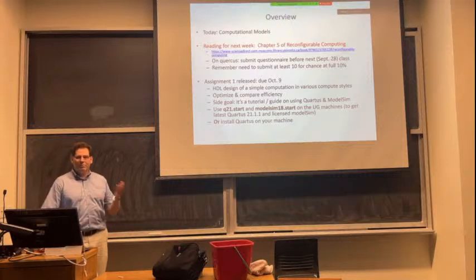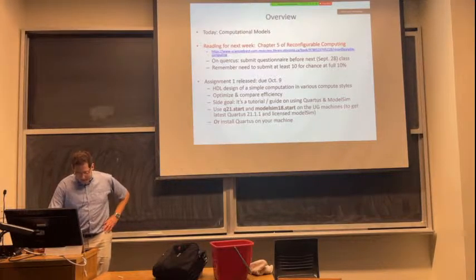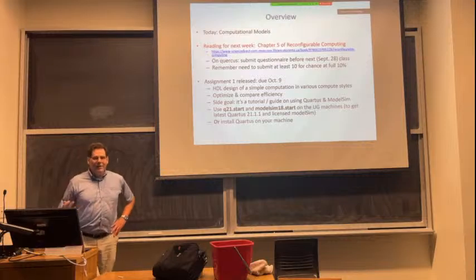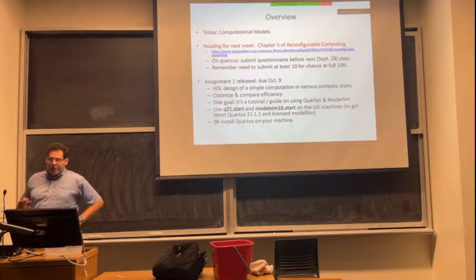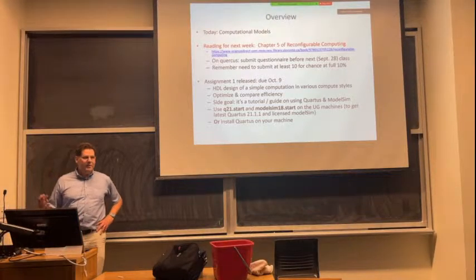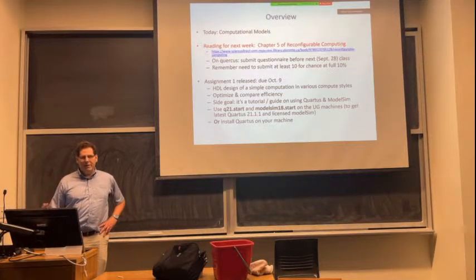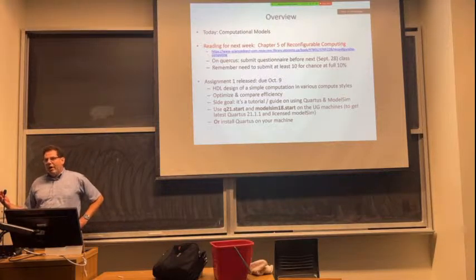In terms of performance, in terms of area, in terms of power, how efficient are they? The side goal of this is to make sure you understand how to use Quartus to implement a design and examine how it was implemented, how to use ModelSim to verify that your design works, and a refresher on just writing HDL.